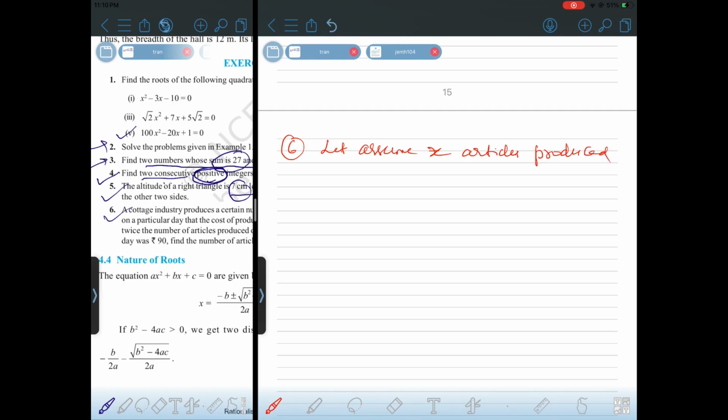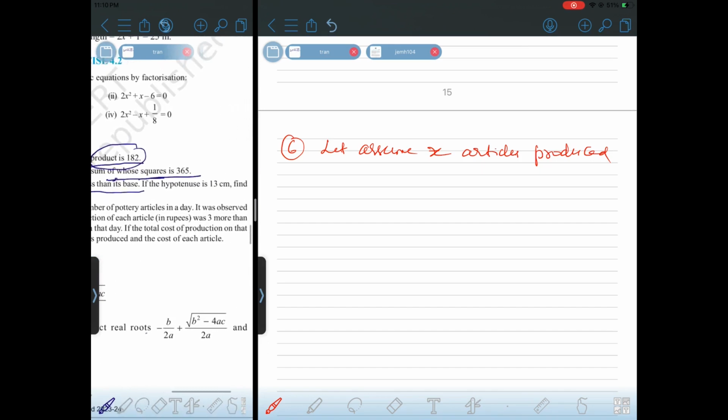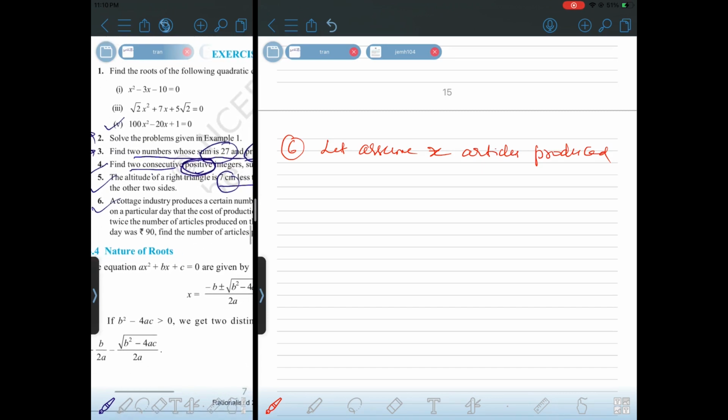So it means that the cost of production of each article will be three more than twice the number of articles produced. So the cost will be twice x, that is 2x, plus three more, so 2x plus 3.